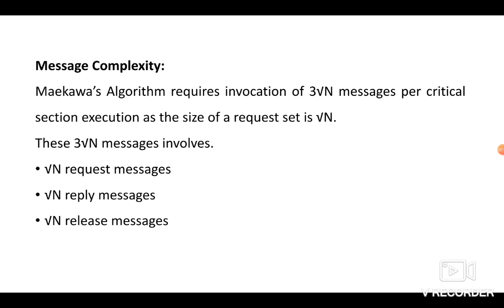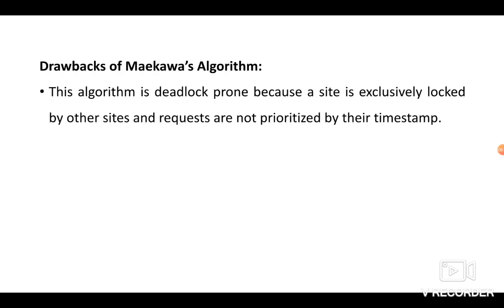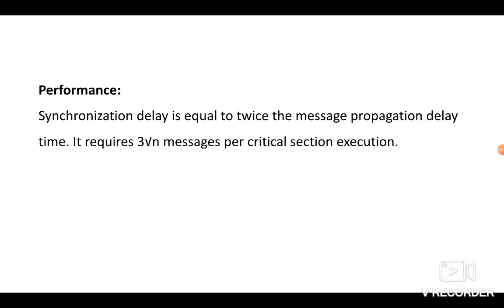The message complexity of this algorithm is 3 root n. That is, we require root n request messages, root n reply messages, and root n release messages. The drawback of Maekawa's algorithm is that there is a possibility of deadlock. That is the problem of Maekawa's algorithm. Also, the critical section requests are not ordered by timestamp.